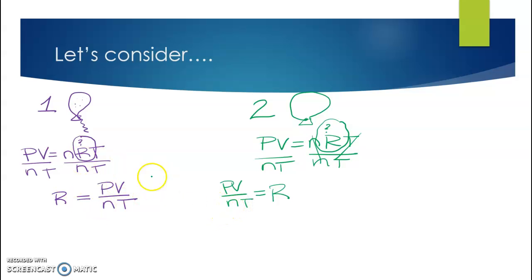So I have situation 1 set equal to R and situation 2 equal to R. But what about these two values of R? It's a gas constant, right? The R value hasn't changed, even though these variables might have.